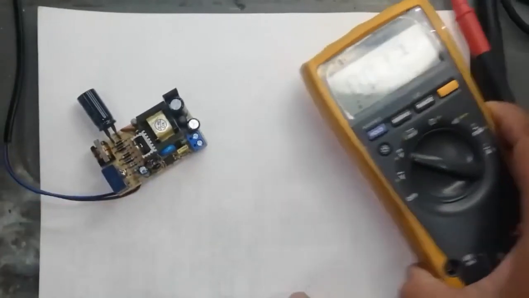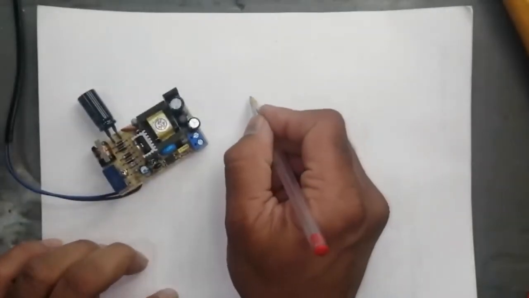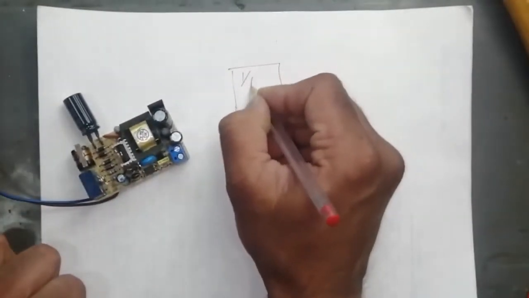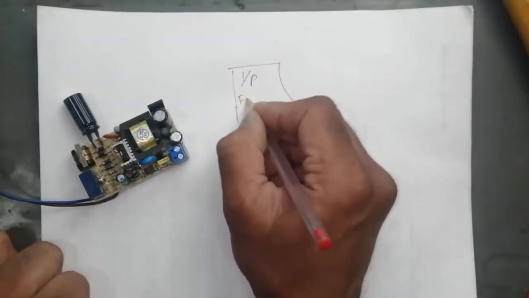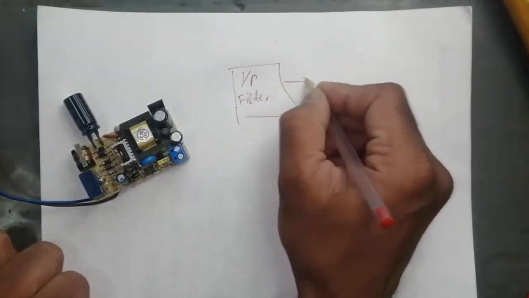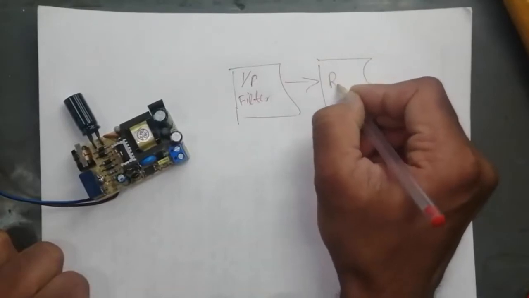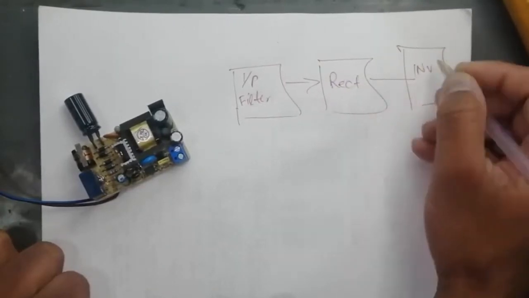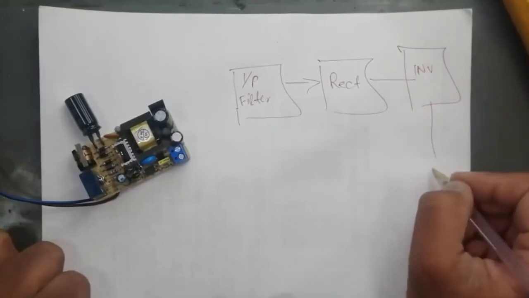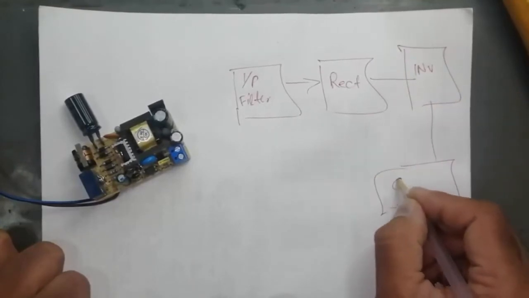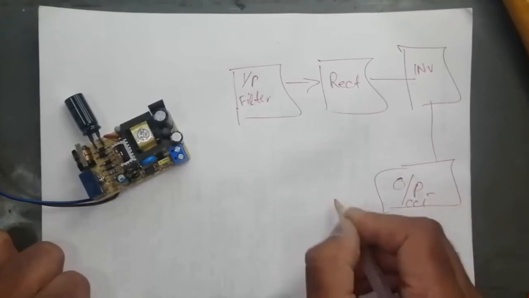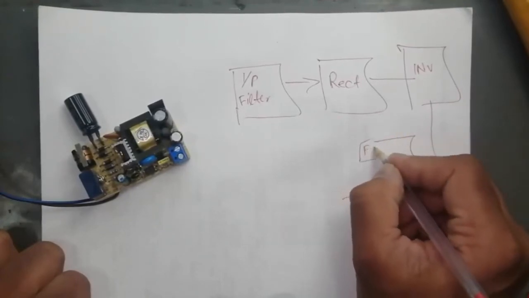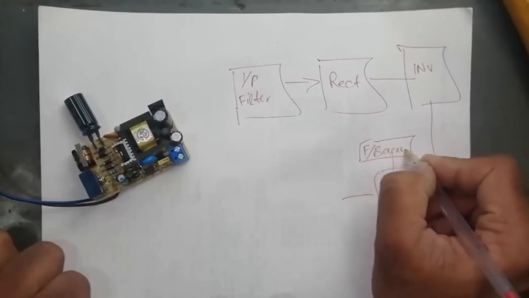Because in a power supply, we have sections: input filter, rectifier circuit, inverter circuit, output circuit, and between the output there is feedback.